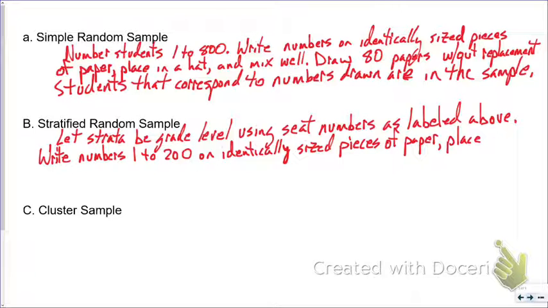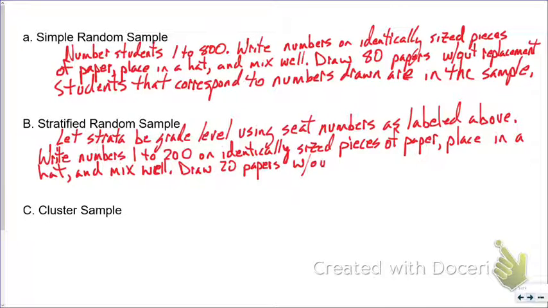Place in a hat and mix well. Draw 20 papers without replacement.